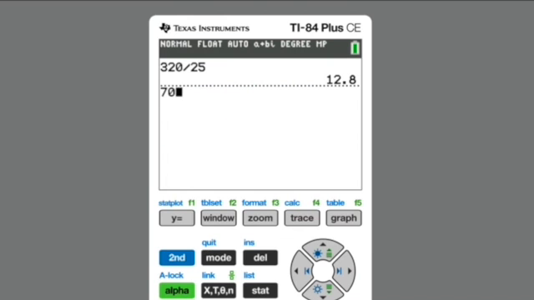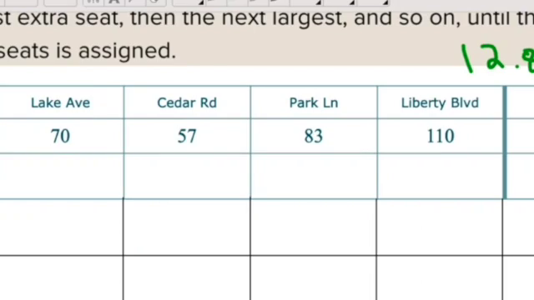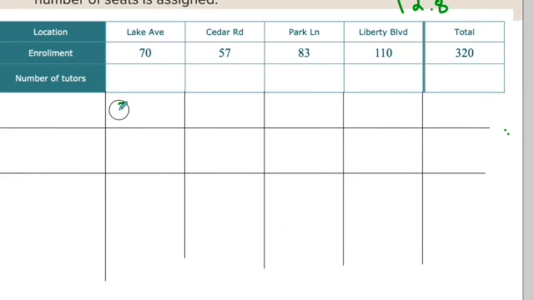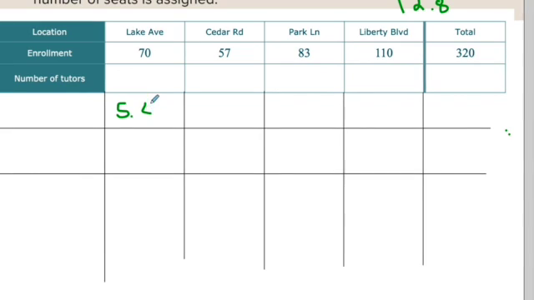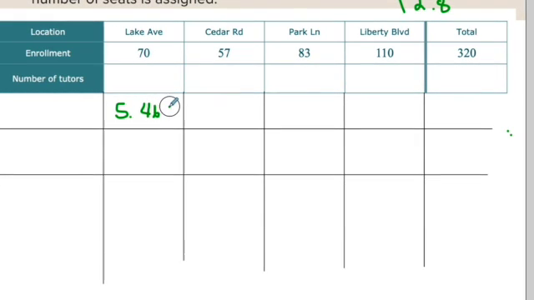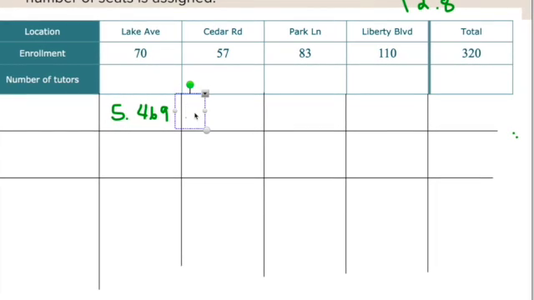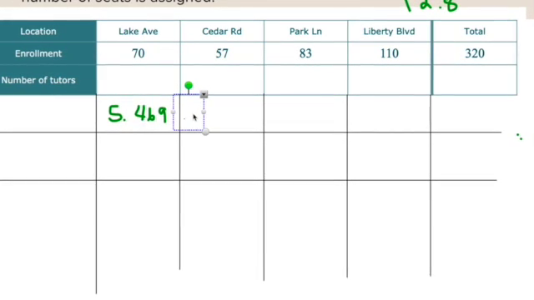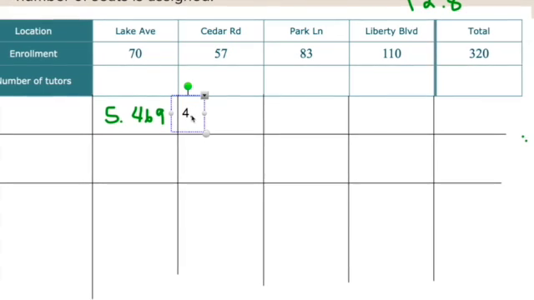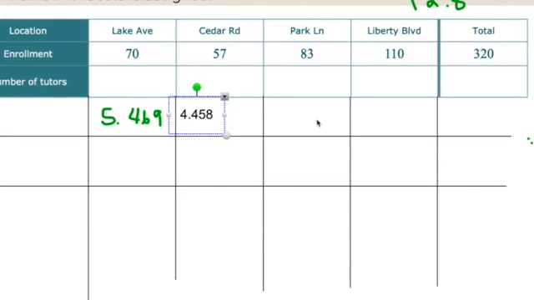70 divided by 12.8 gives me 5.469. So I'll put that here, 5.469. Maybe I'll type it, my handwriting's terrible. When I divide 57, I get 4.458.